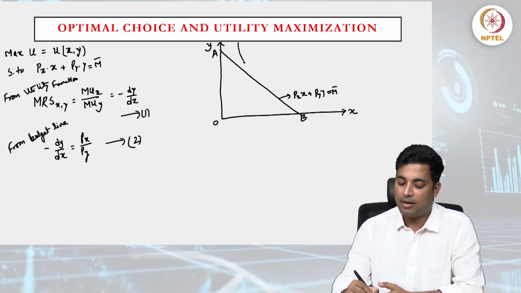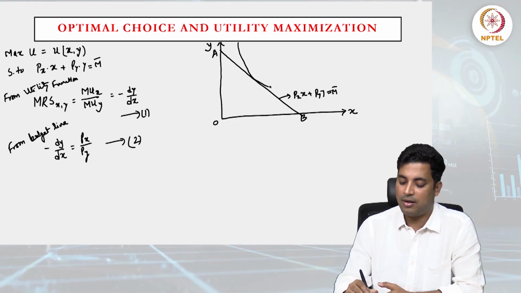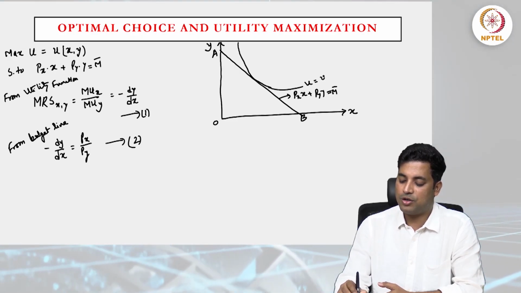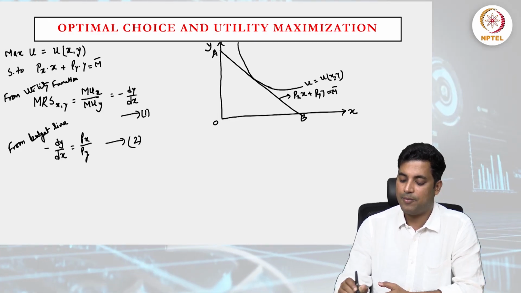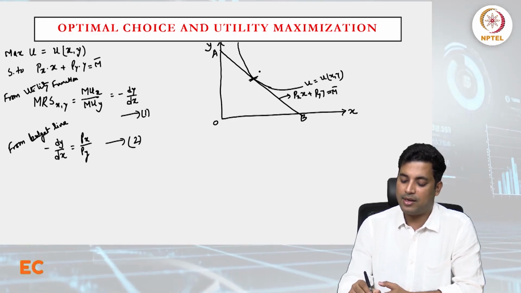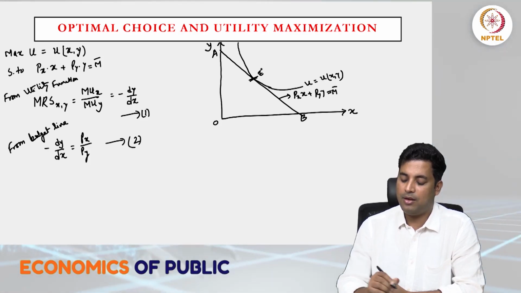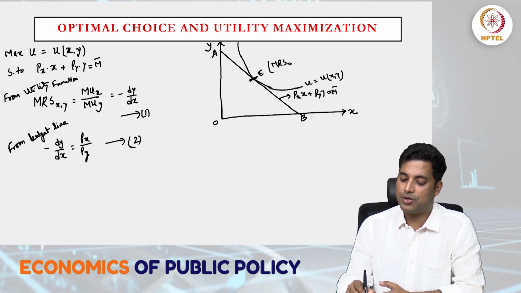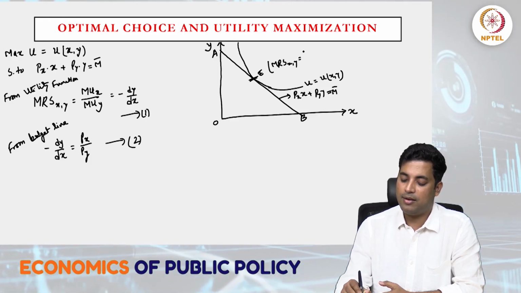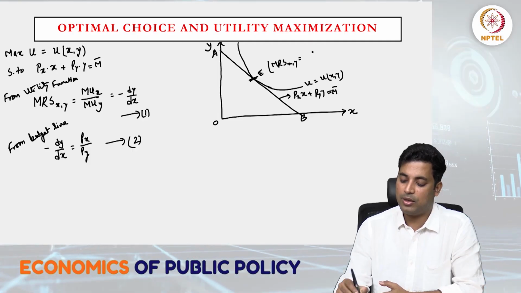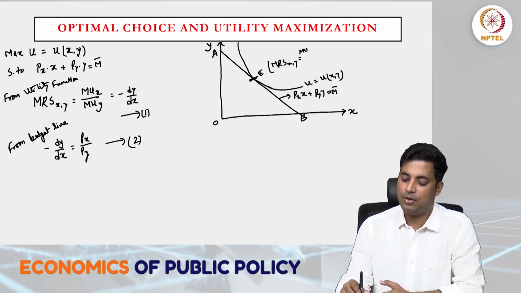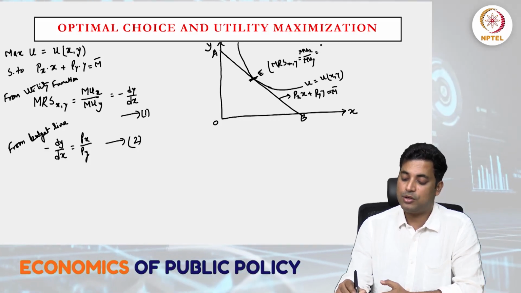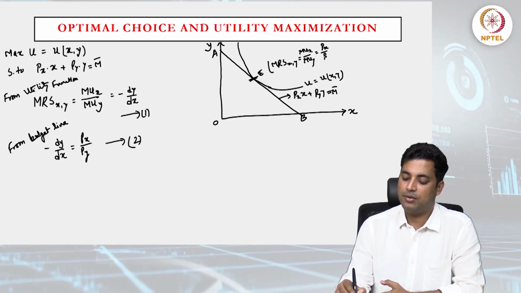And say this is my utility, which is a function of x and y, and at point E, the marginal rate of substitution xy, mux by muy, is becoming equal to the price ratio.